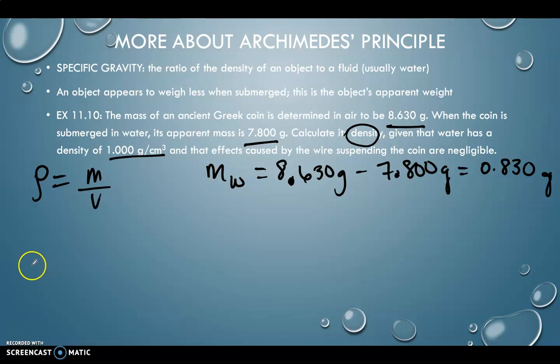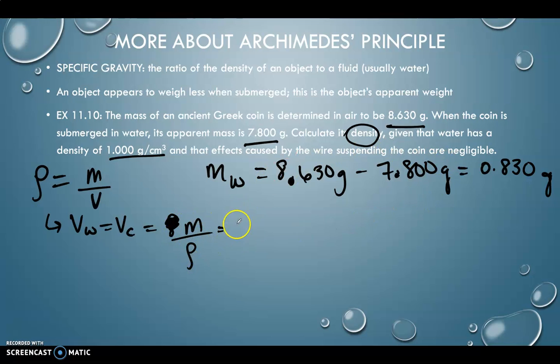Using this mass, we can determine the volume of water that was displaced, and therefore the volume of the coin. So the volume of water is going to be the same as the volume of the coin, which is going to be the mass over the density.